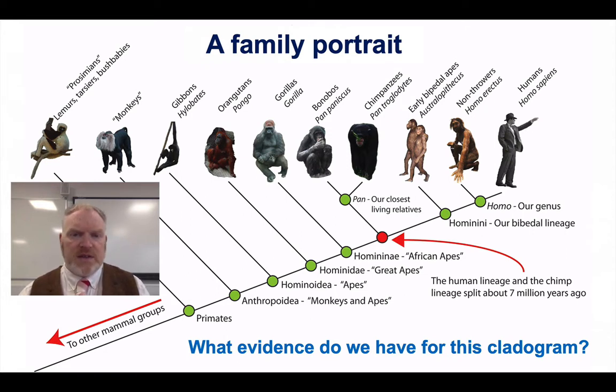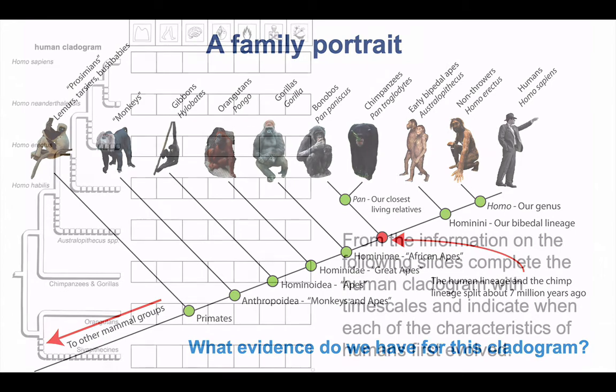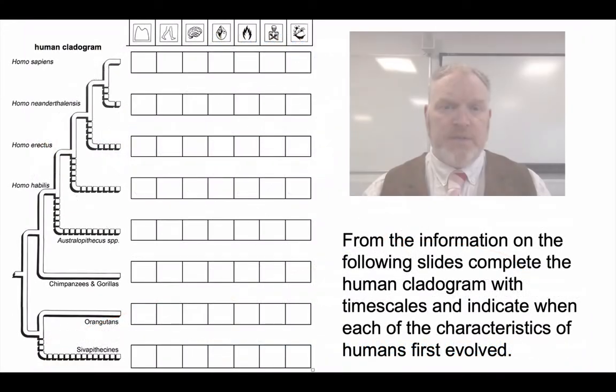Okay, this is a cladogram. What evidence do we have for these different splits, particularly the splits that occur more towards the right on this diagram? You have a copy of this on this worksheet.